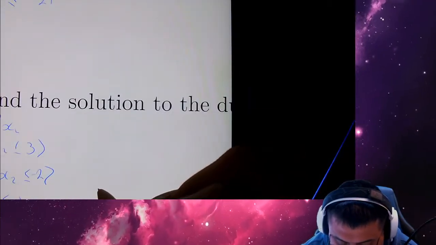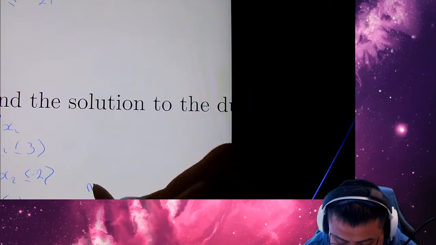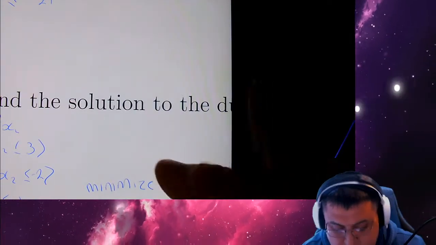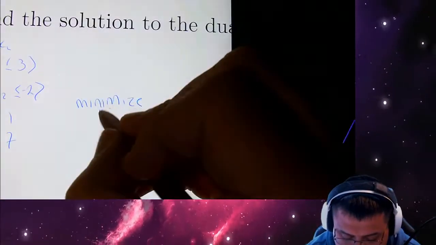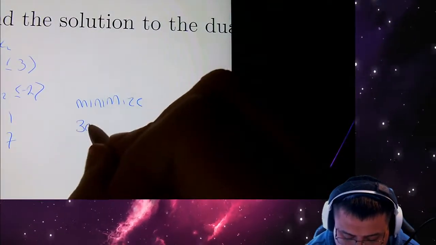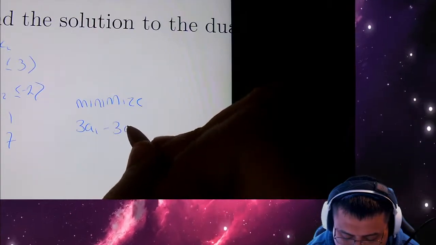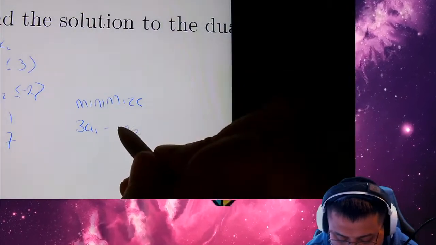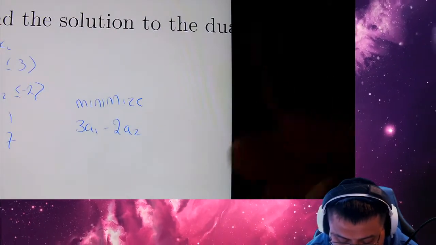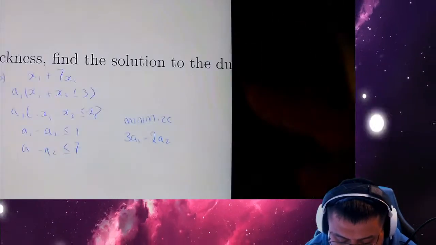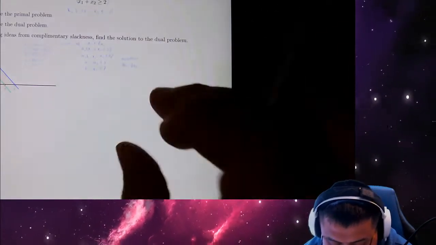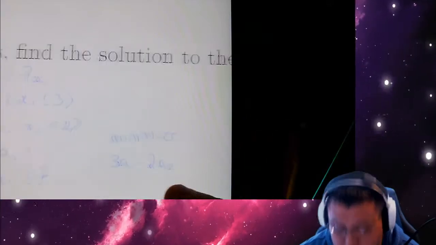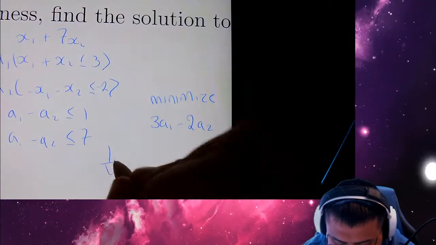So our problem is to minimize 3a1 minus 2a2, and that is our problem. That's how you write the dual problem, and this is our dual problem right here. We don't want a's, so we just convert it to y's.